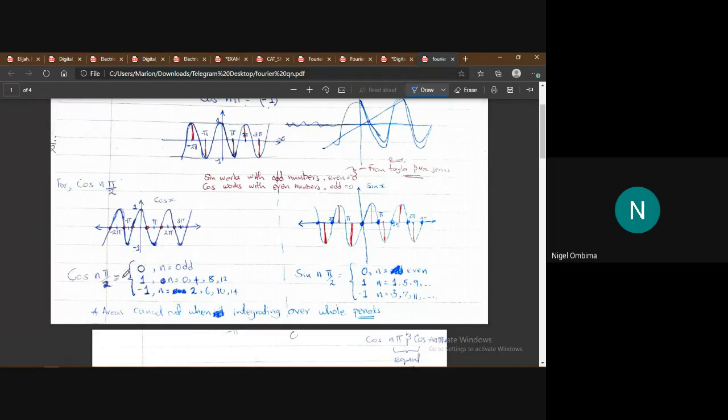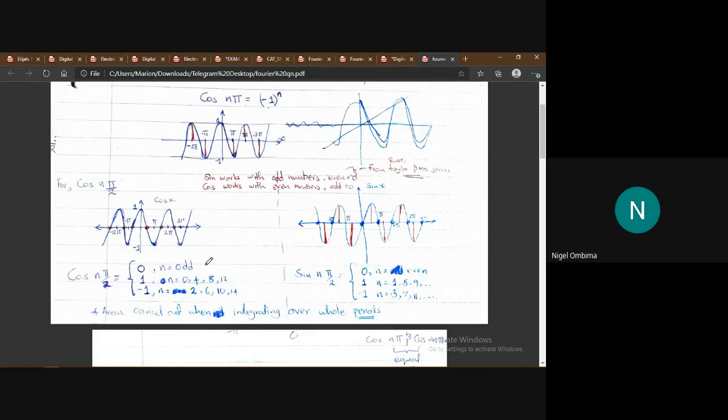It will give such an answer for cos n pi over 2: it will give a 0 when n is odd, because cosine gives values when n is even. It will be a 1 when n is 0, 4, 8, 12. So there's a difference of 4 in each of the numbers. And it will be negative 1 when n is equal to 2, 6, 10, 14. There's a difference of 4 in each of the numbers, but for negative 1, it starts from 2.